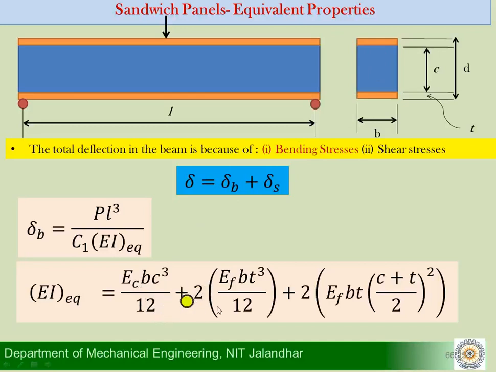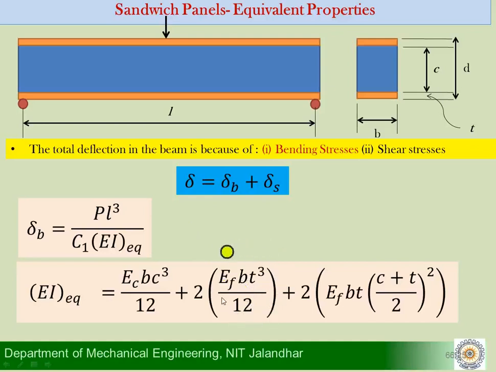Now then plus 2 times. I am writing 2 here because now I am coming to the face. There are 2 faces, and that is why I am writing 2F. Forget about 2 times for the time being. What I am writing here is EF, the modulus of the face material, and IF, which is BT cube by 12.